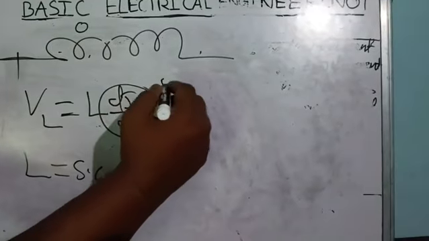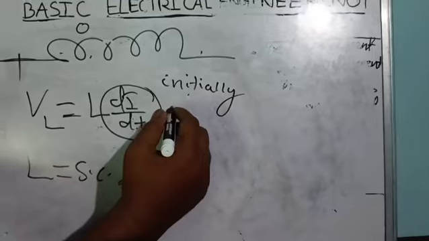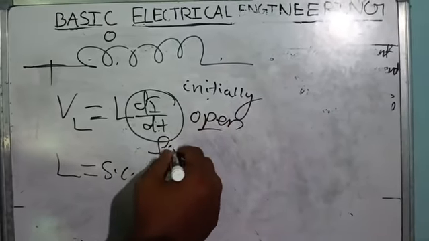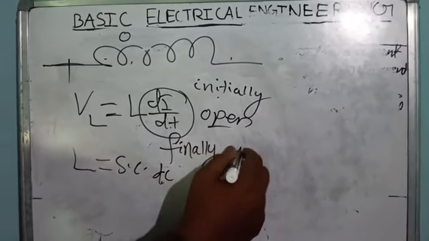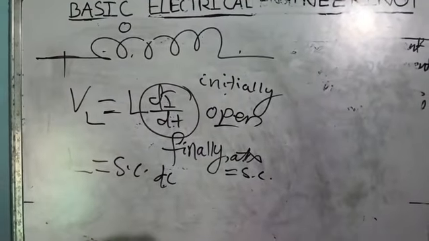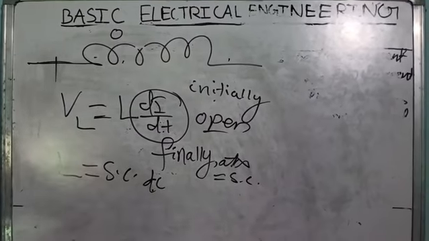It will initially behave as open, and finally at infinity it will behave as a short circuit. This is an interesting thing in case of inductance.